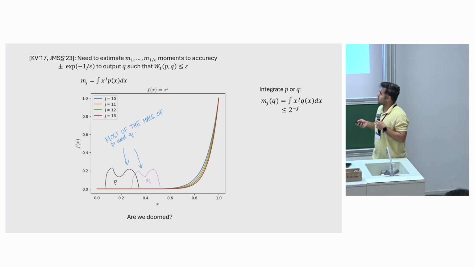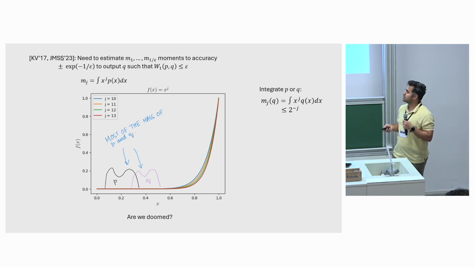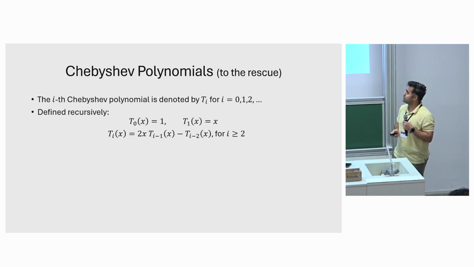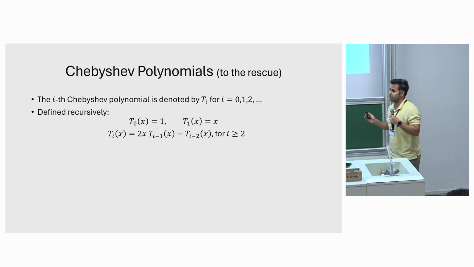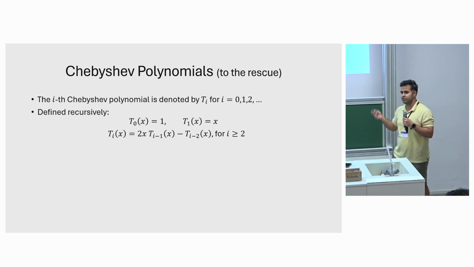Okay, so are we doomed? What if we could integrate against something better? You can see the picture here: x to the power j is a terrible function. Towards that, I want to introduce Chebyshev polynomials. The ith Chebyshev polynomial is a degree i polynomial, denoted by Ti, and we define it recursively.